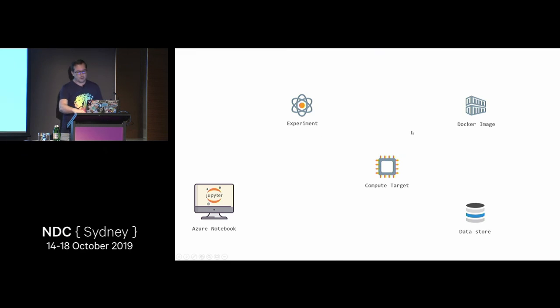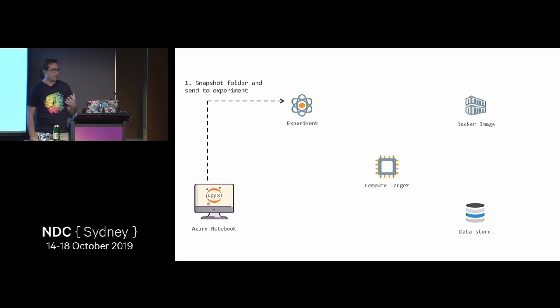So what actually happened underwater from there? You saw me typing in my Azure notebook, and I submitted the job. So it took a snapshot from the directory where my training scripts were located and sent it to the experiment. So everything is versioned there.